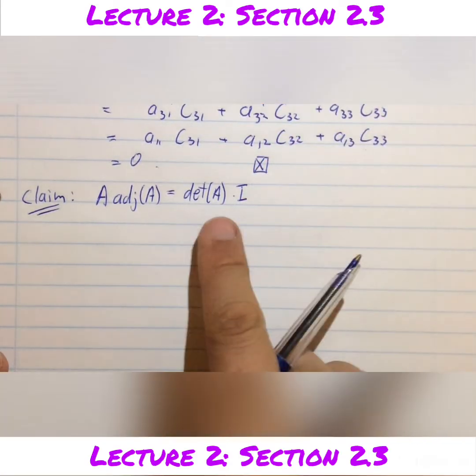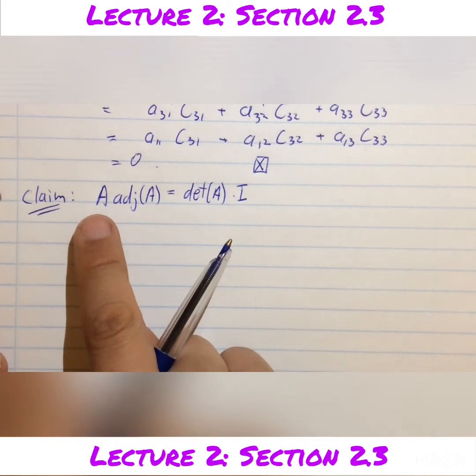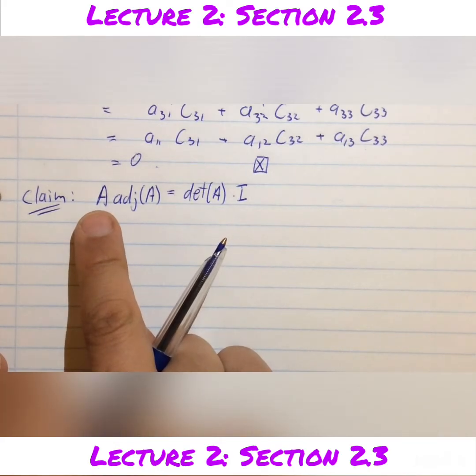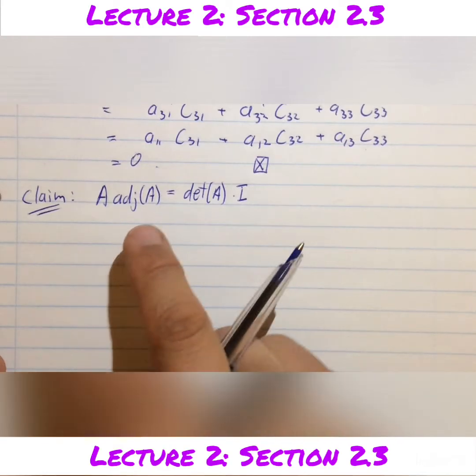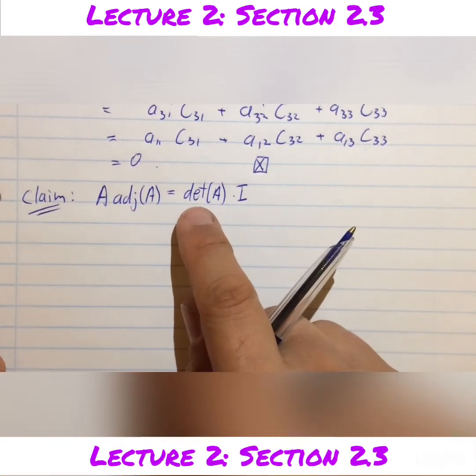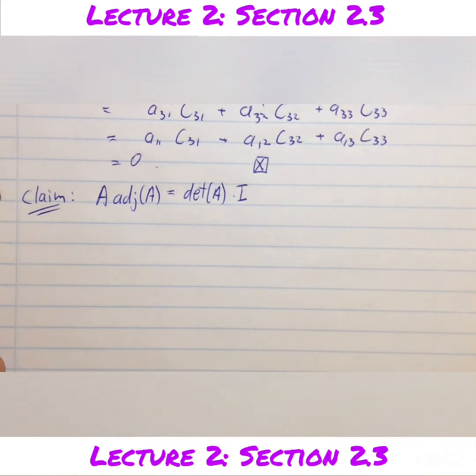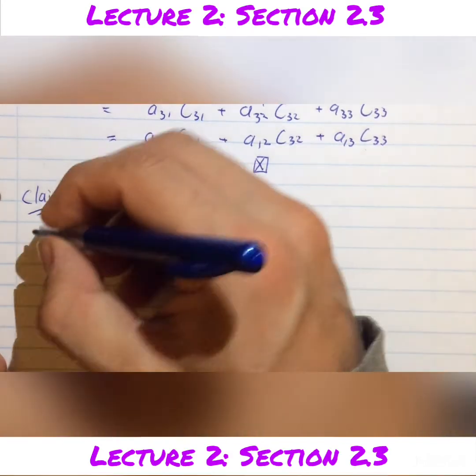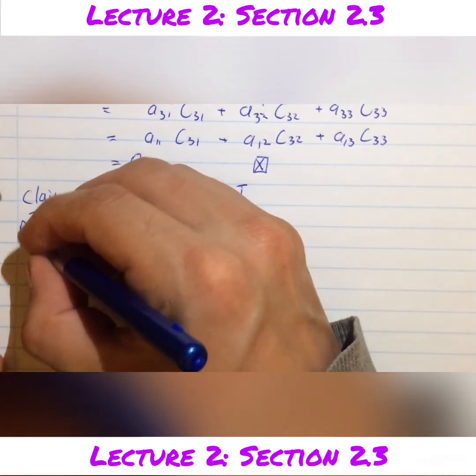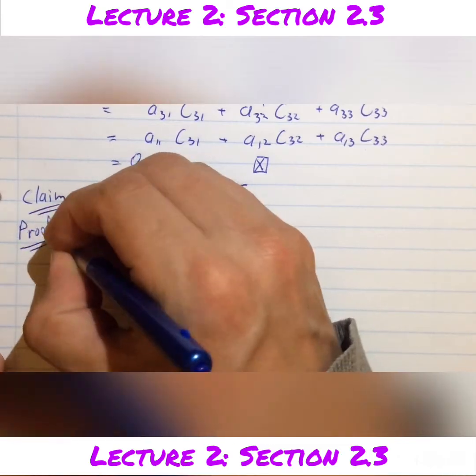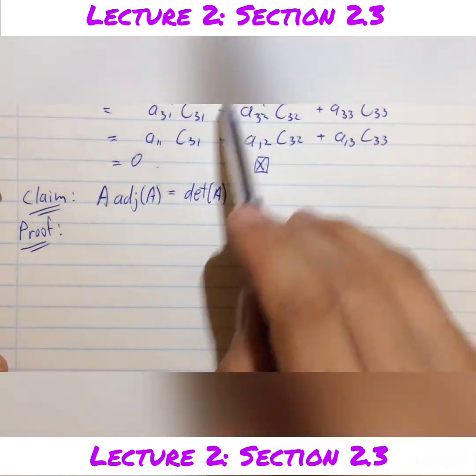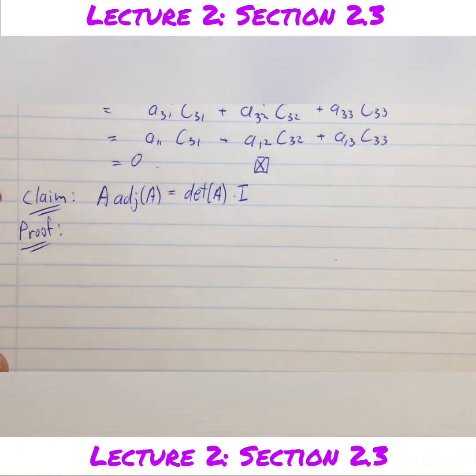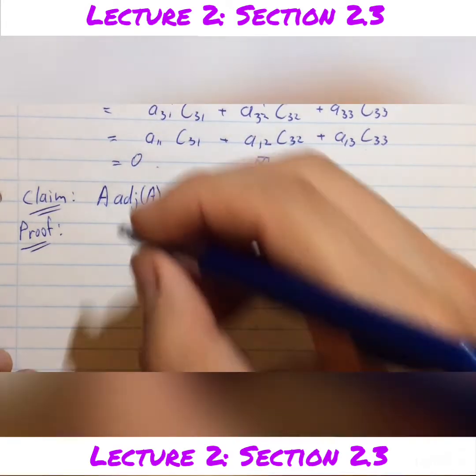Now you can see here that you can solve for the inverse of A as the adjoint of A multiplied by 1 over the determinant of A. To do this now is not terribly complicated, because remember what we did just above. We can use that now to our advantage.